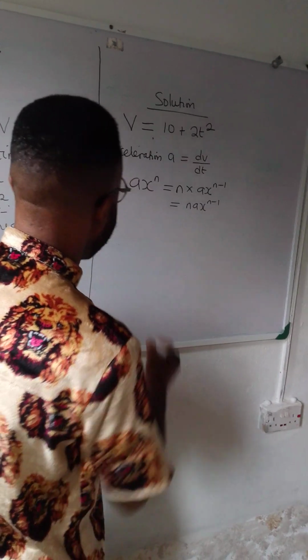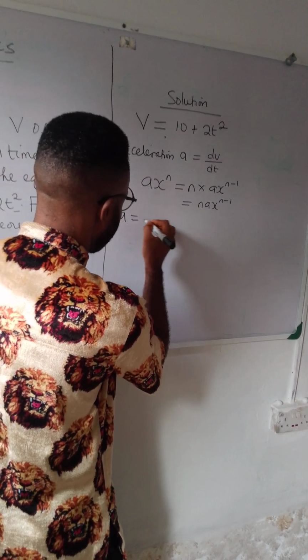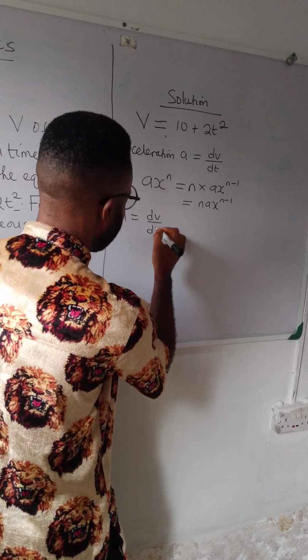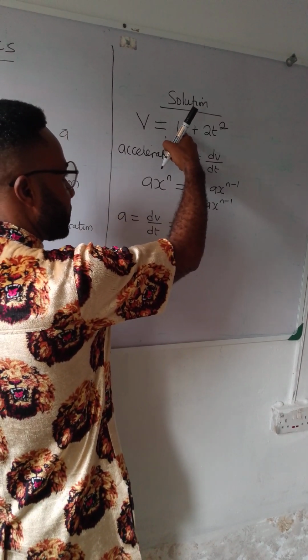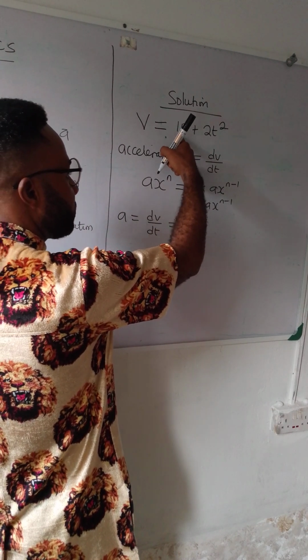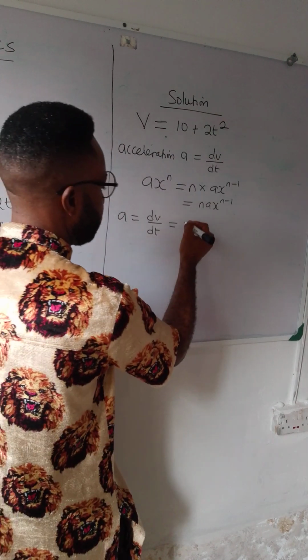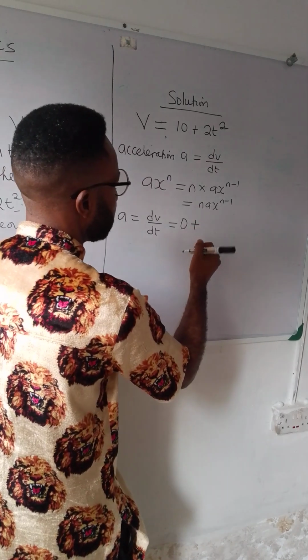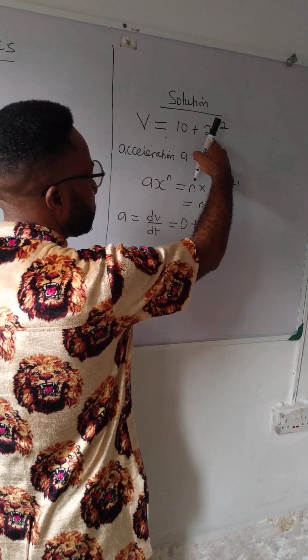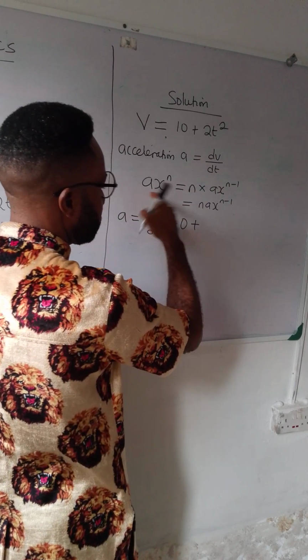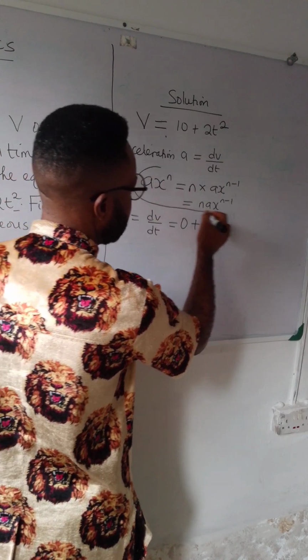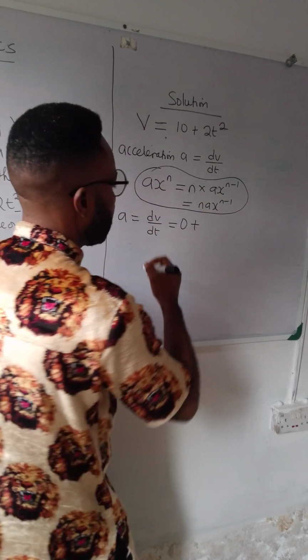So if we are to say a equal to dv/dt, which is equal to, note whenever you differentiate, 10 is a constant, so whenever you differentiate a constant it will give you 0, plus, and now we have 2t squared. So in differentiating 2t squared, we are going to apply the general rule of this differentiation.